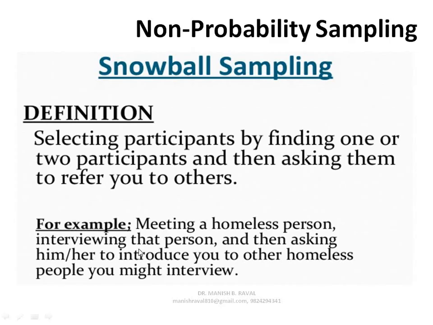For example, meeting a homeless person, interviewing that person, and then asking him or her to introduce you to other homeless people you might interview. So one person is selected, he will refer another, another will refer yet another, and in that manner the cycle will go on, and these members will be selected for the sample. So this is known as snowball sampling.